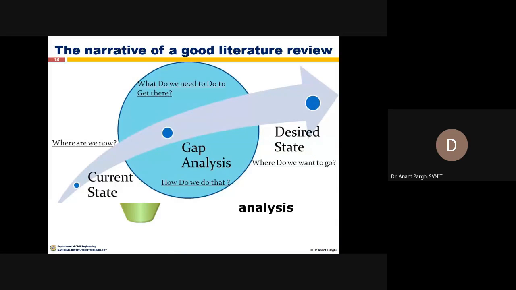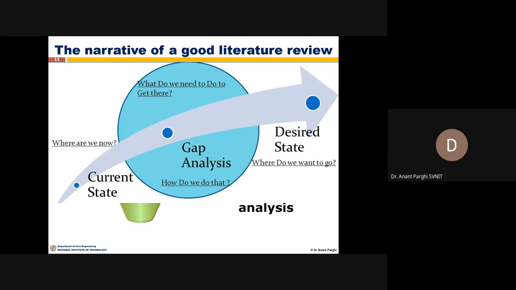So like here, how does your hypothesis fill the gap, and the relevance of that particular novelty also, right? So what do we need to do to get there? In order to find the solution, what we need to do to reach that problem. So where are we now? Right now, where we are, which means what is the current state of practice?